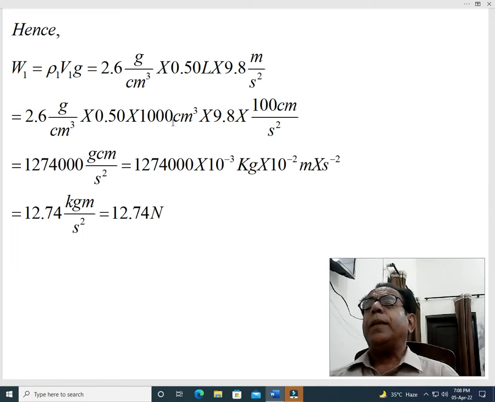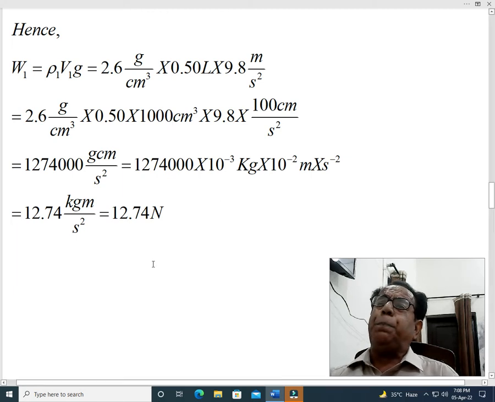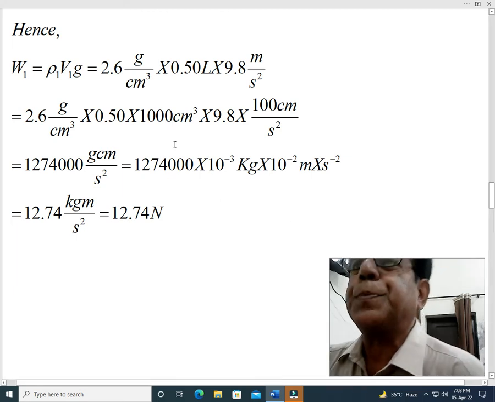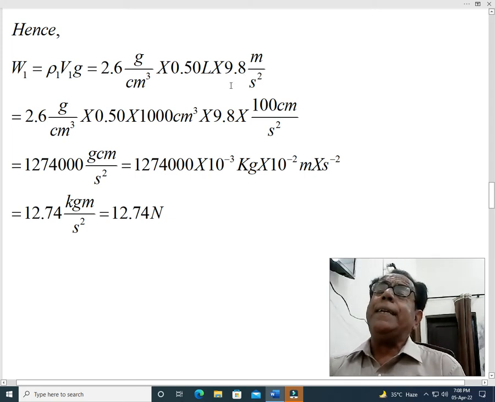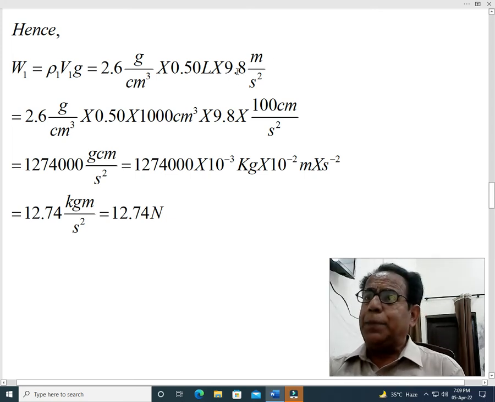So we leave this table of conversion factors to be included as a part of our solution, okay? Moreover, dear students, acceleration due to gravity is given as 9.8 meter per second square.